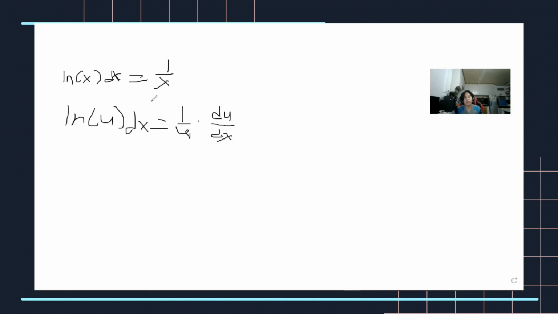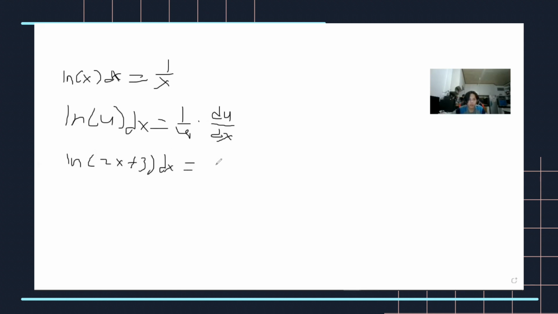For this third case, this case is already an example itself, so you might already get it. But for the fourth case, let's say we have the derivative of ln of 2x plus 3 dx.